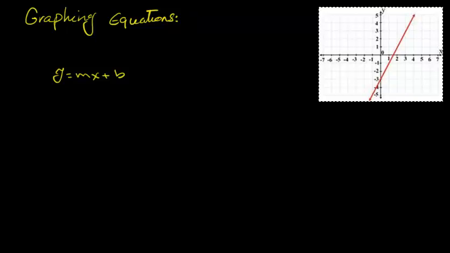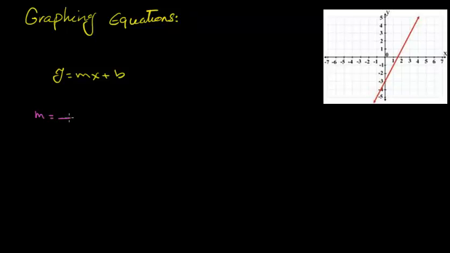So slope is m equals changes in y over changes in x, right? So we look at the graph, we can see that for every 1 unit that x runs, y rises 2 units. So we'll have 1 and 2 as x and y. We write the slope as 2 over 1 or 2.